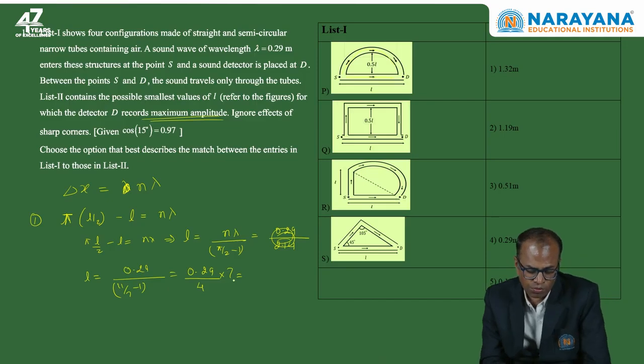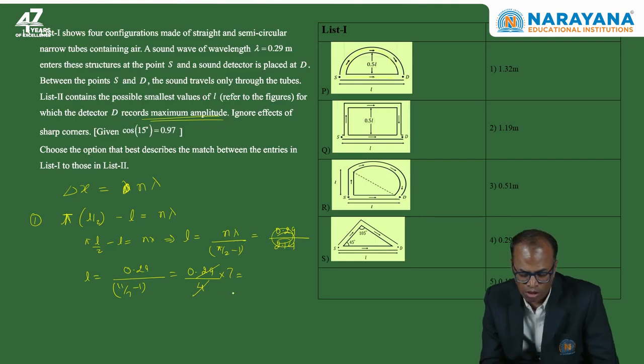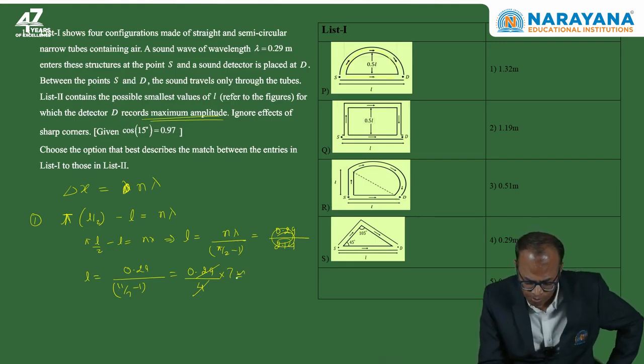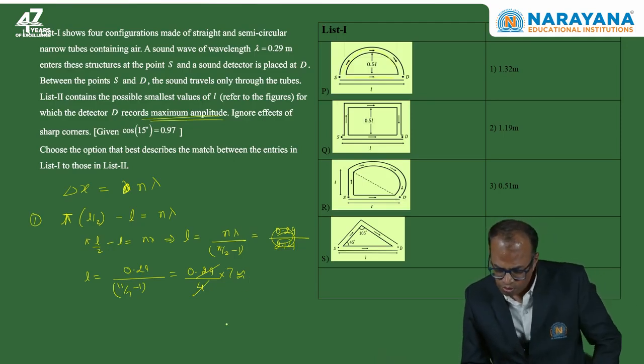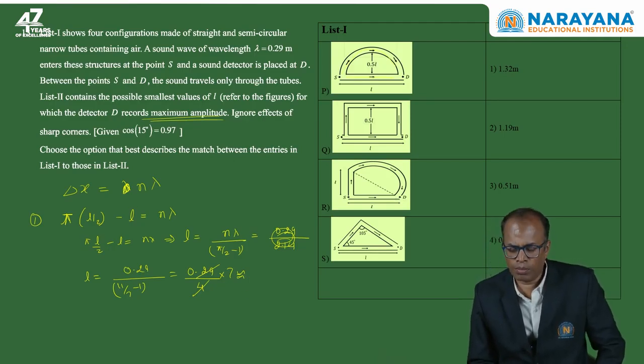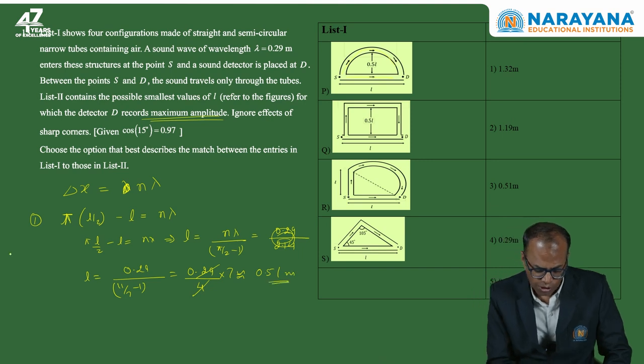And this will make it somewhere around 0.7, slightly more than 0.7. So this will be slightly more than 0.49. So the best possible match over here is 0.51 meter. So P matches with 3.